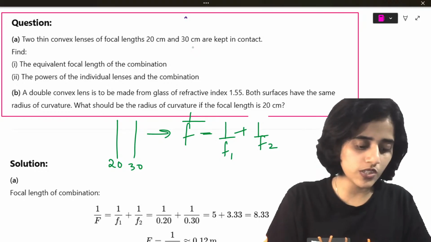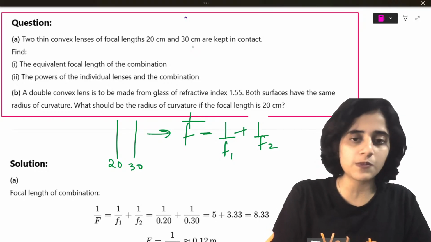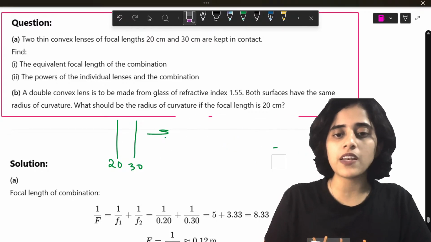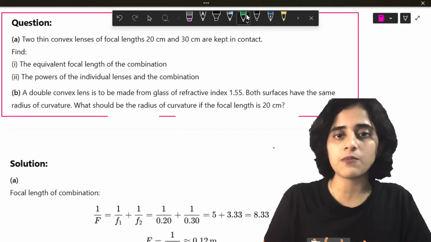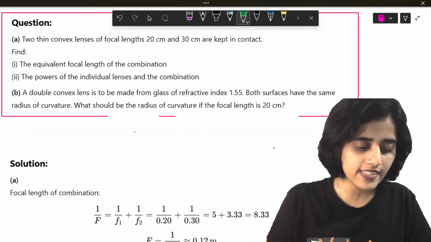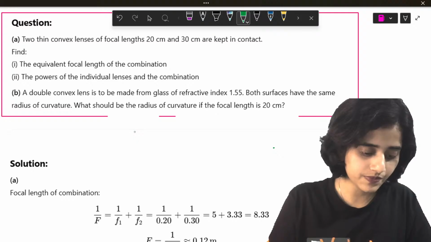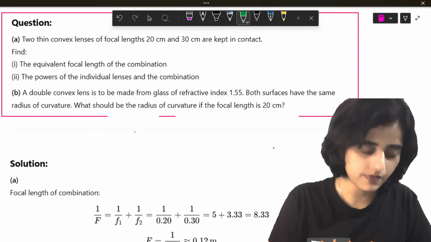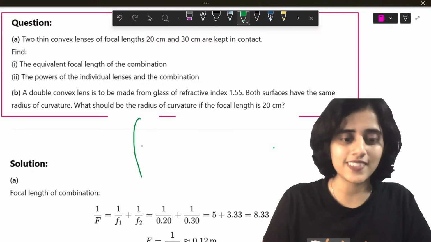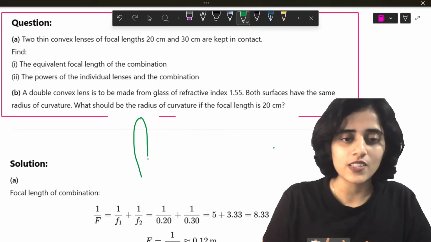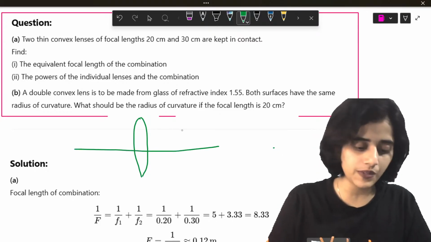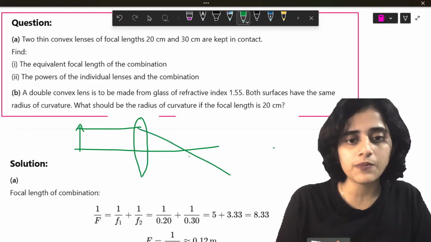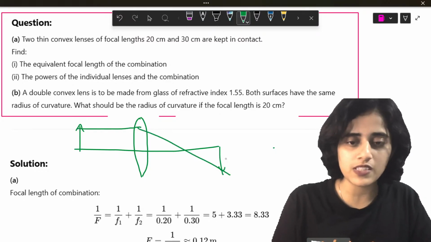Now you should know if it's positive or negative. How will you know that? Depending on the sign convention, it is very important. This is a convex lens. If it's a convex lens, the object will be here, the rays will come from here, meet, and the image will be somewhere here.